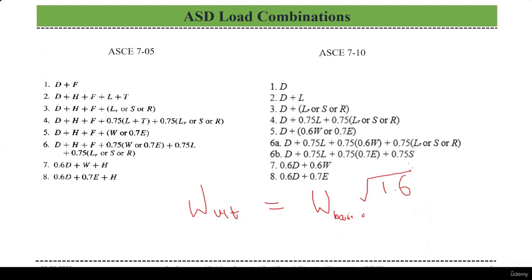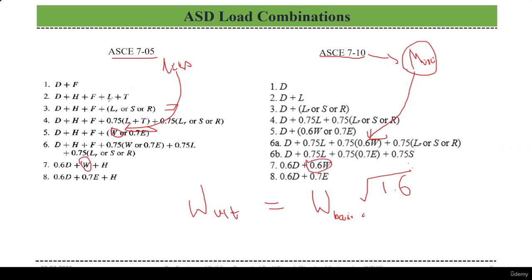So in ASCE 7-10, you will get more wind pressure, whereas in ASCE 7-05, you will get less wind pressure. Because it is less wind pressure, they are directly using factor 1 for wind load here, whereas we are getting more wind speed, so they are using a factor of 0.6 here. Like that you can see, here also wind load factor 1, and here they have used 0.6.